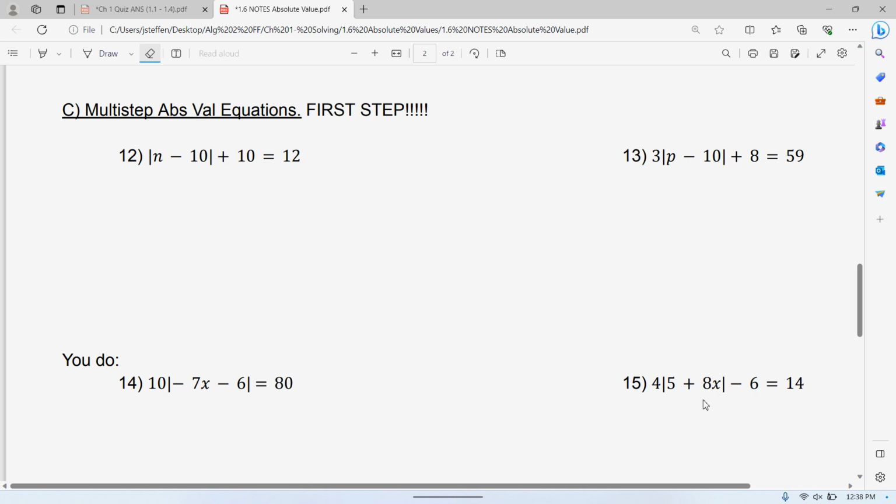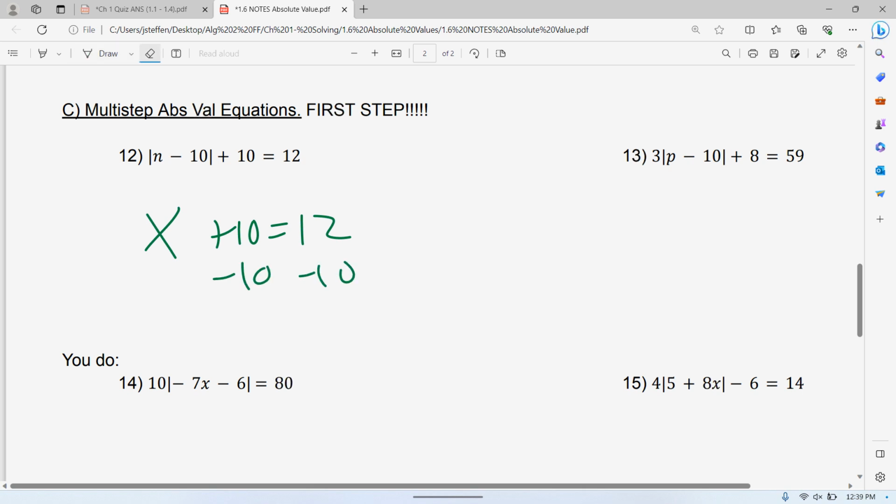Okay. So the biggest thing with these is you need to get the absolute value all by itself. You cannot touch any number inside the absolute value until it's the only thing left on the left or the right hand side. You don't have to write this down, but it's very similar to x plus 10 is equal to 12, where before you do anything, you have to subtract 10 from both sides. That's the exact same thing you're doing.